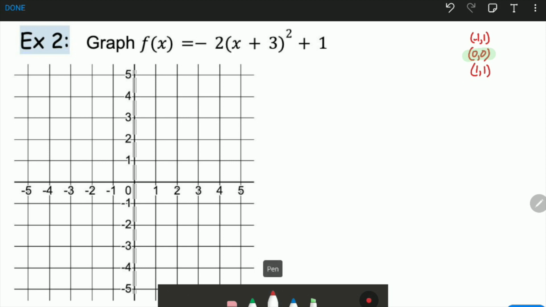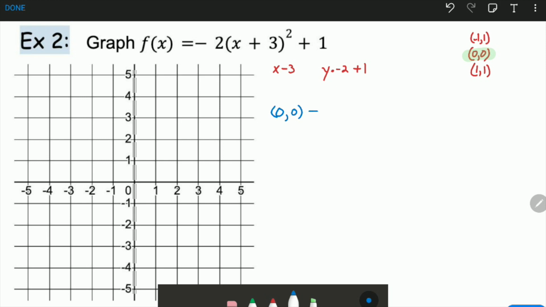So, just getting our transformation rules first. Inside x opposite, outside y same. So we'll do x minus 3. And y times negative 2 plus 1. Normally the vertex is at 0, 0.